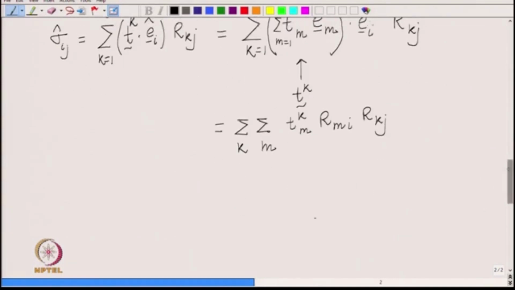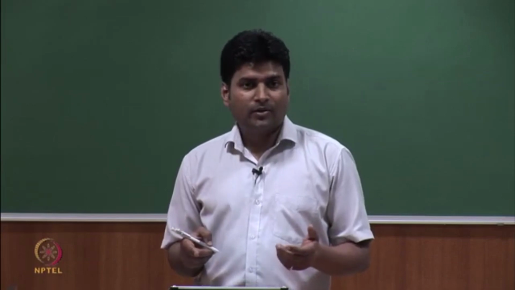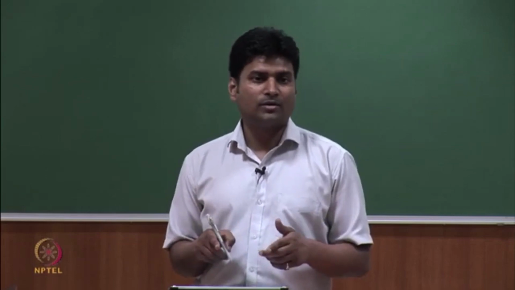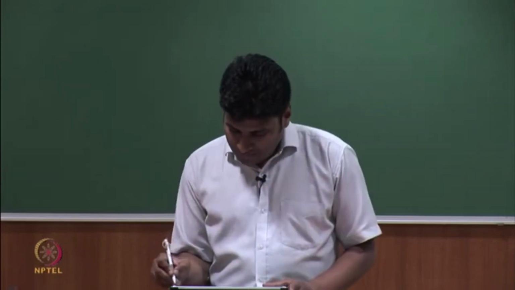Okay. And then what is Tkm? It is the mth component of traction Tk. So, in terms of sigma Ij, what is Tkm? Tk is going to be the kth column in the sigma matrix. So, it becomes sigma mk, right.